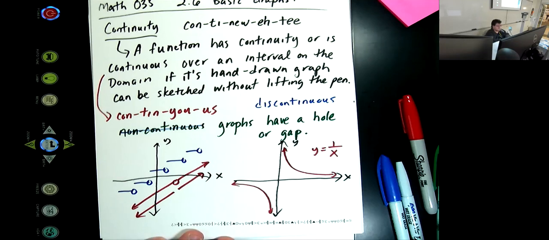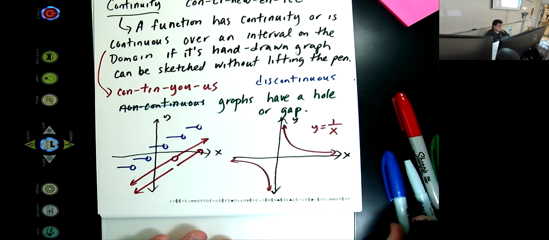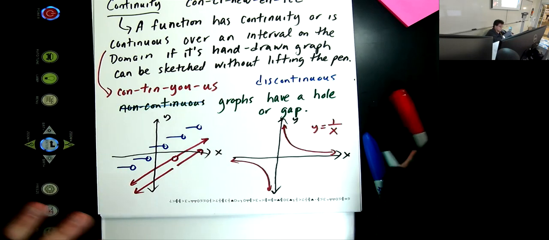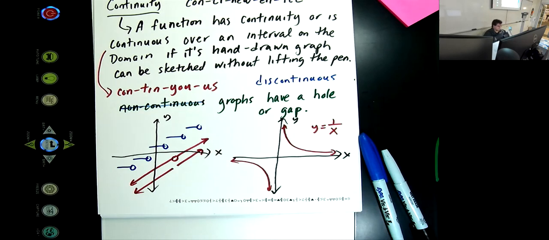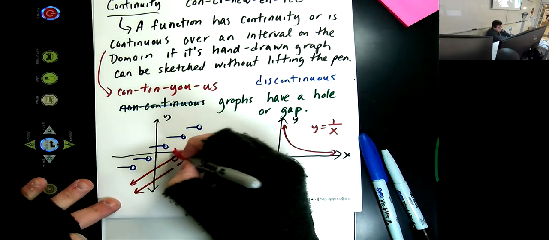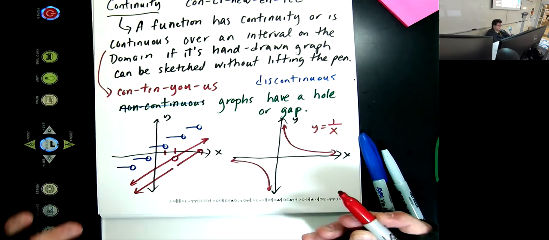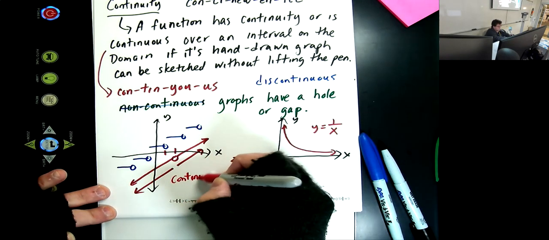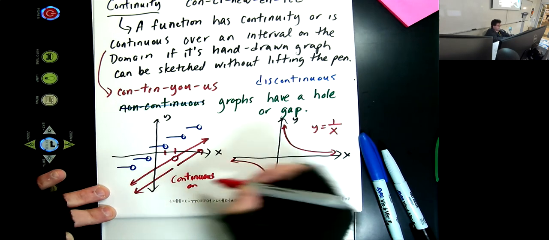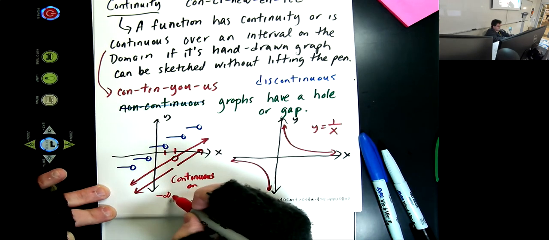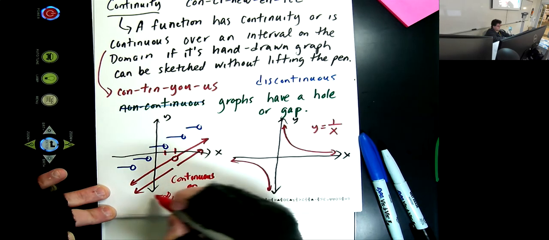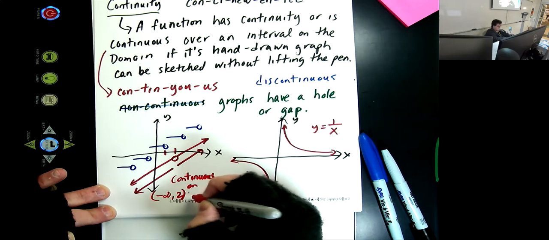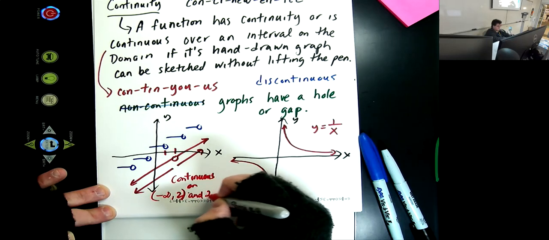And so they might ask you where these intervals are continuous. I'm going to look at the red line. Let's say this is at x equals 2. It is continuous on negative infinity to 2, and 2 to infinity.